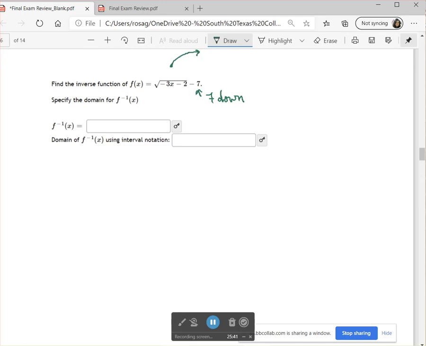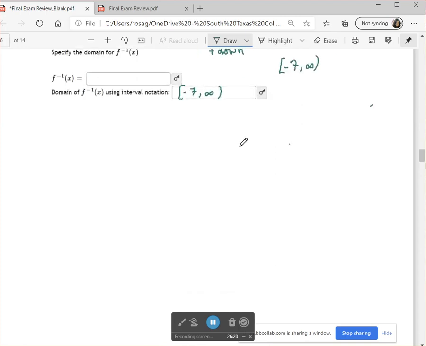The original range of the parent function is from 0 to infinity. If you move it down 7, then the range is from -7 to infinity. That's going to be the domain of the next function, so that's where we're getting that from. This is in brackets, the -7.